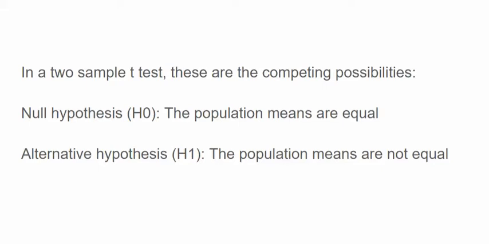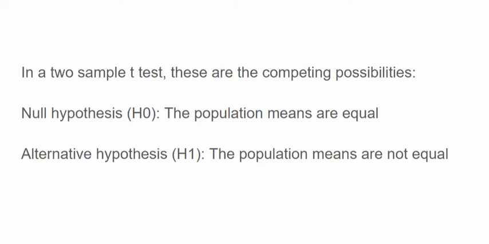But when you're focusing on a specific hypothesis test, like a two-sample t-test, the null and alternative will have more specific wording. So in the context of a two-sample t-test, the null hypothesis is a possibility that the population means are equal, that there's no difference between the means of the two populations, and the alternative hypothesis is a possibility that the population means are not equal, that there is a difference between the means of the two populations.